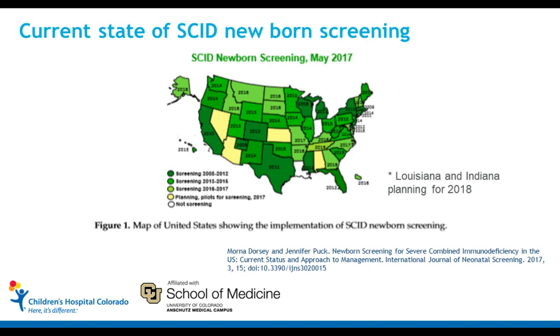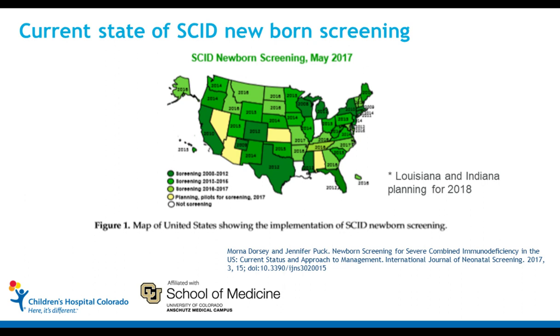Now, before we move into that, the current state of newborn screening for SCID is presented here. This is from a paper in 2017. Newborn screening for SCID was started in 2008 by the state of Wisconsin and then adapted by California, and since then has spread across the country. And so as you can see from this map, almost all of the states across the United States have now implemented screening for SCID.